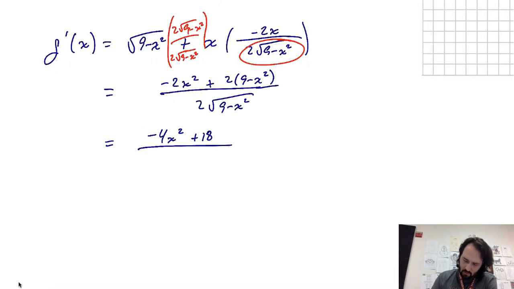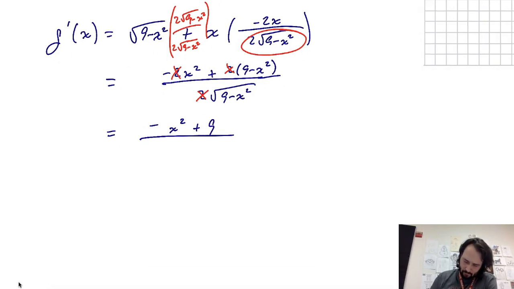Let's go ahead and divide out those 2's. Right, so just negative x squared plus 9. This 2 divides with both of those. So negative 2x squared, right? Yep, plus 9 over root 9 minus x squared.